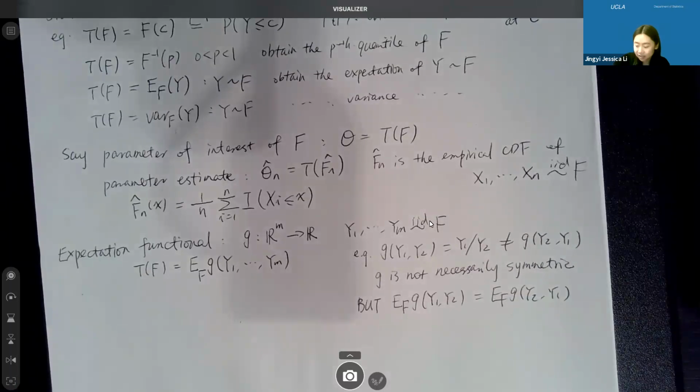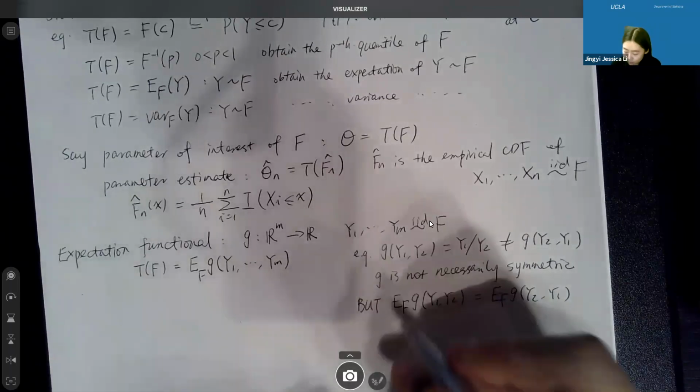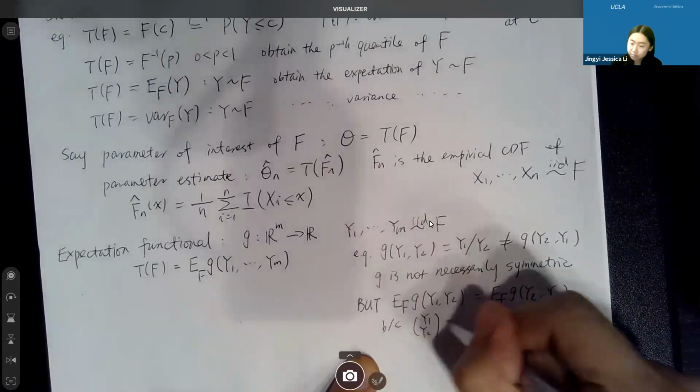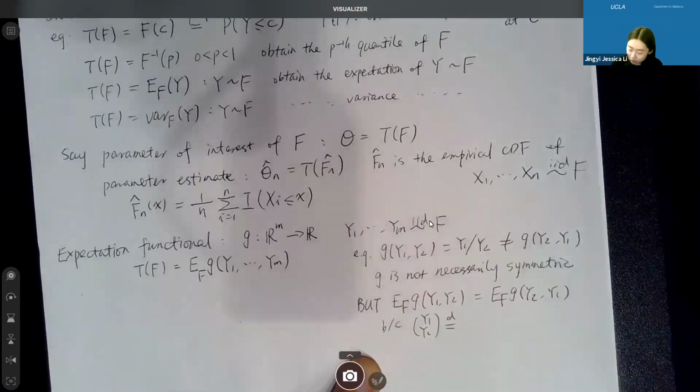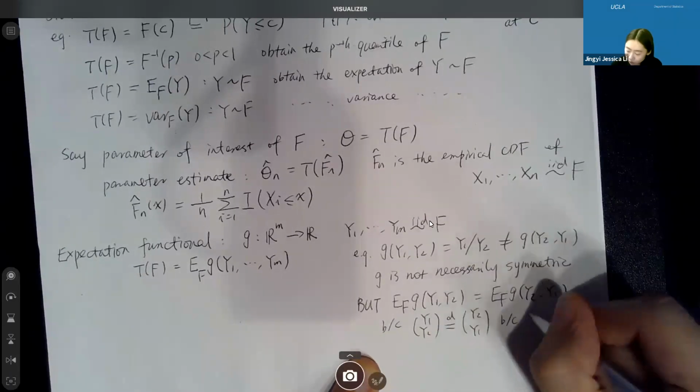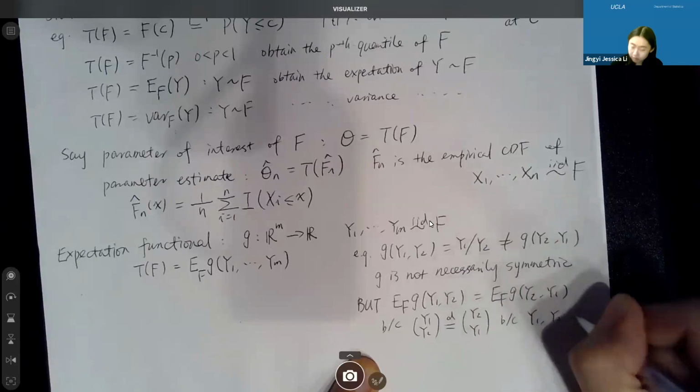The reason is that (y1, y2) and (y2, y1) follow the same joint distribution, because y1 and y2 are IID.